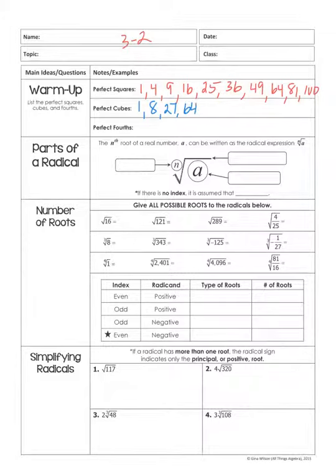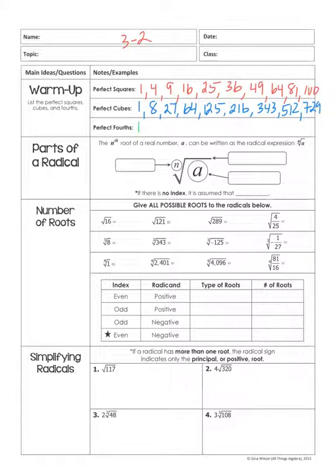It's a popular one. 5 to the third is 125, another popular one. 6 to the third is 216. 7 to the third, 343. 8 to the third, 512, and 9 to the third, 729. And we'll stop there.